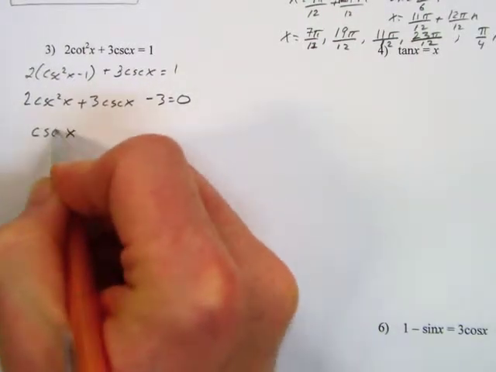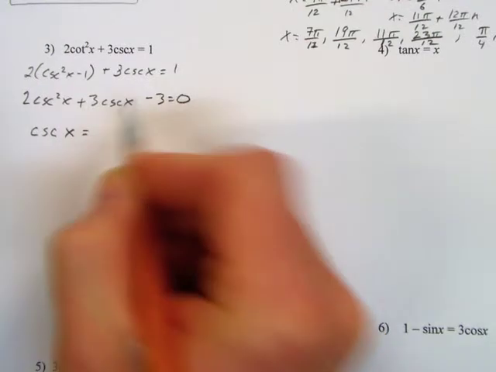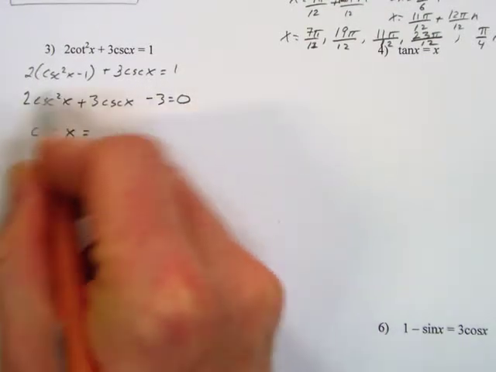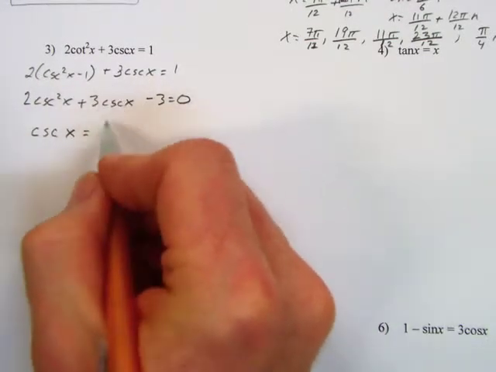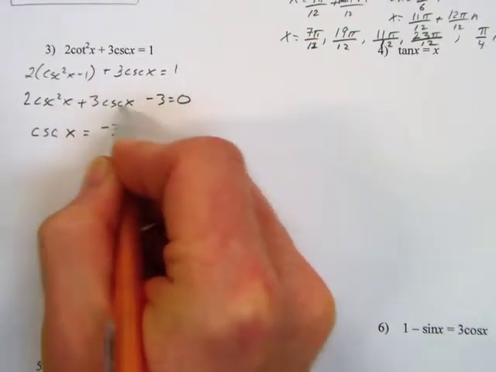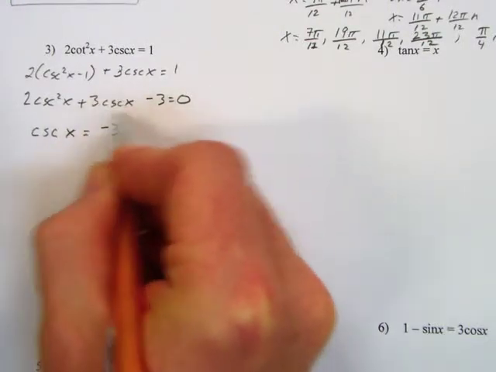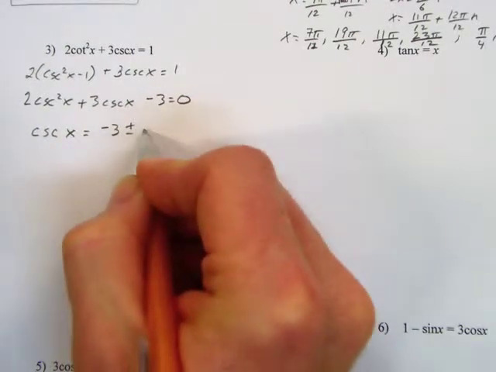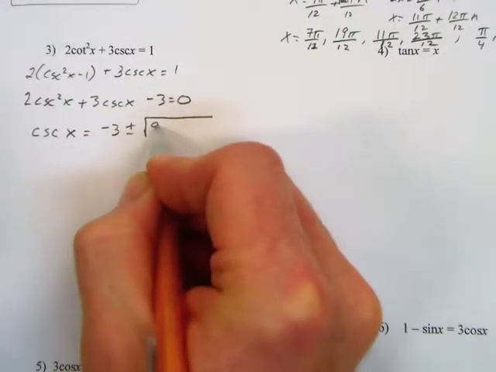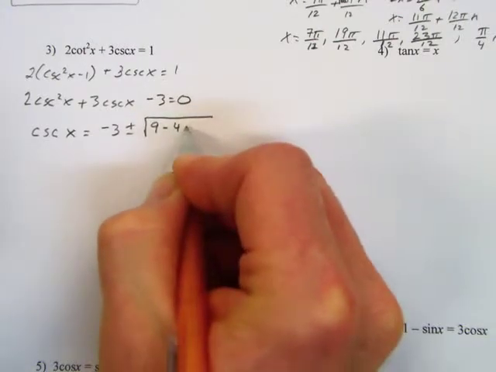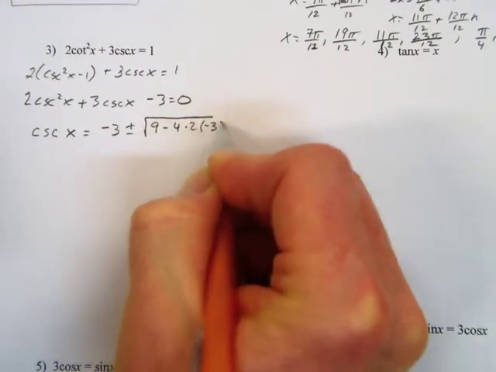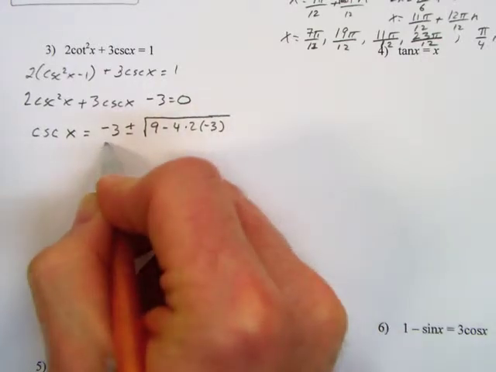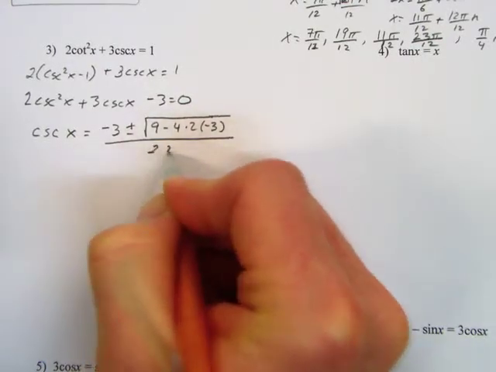All right, so we have cosecant x equals, that's the variable we're solving for. That's a function we're solving for in this case. Negative 3, that's a coefficient of our b, or our x term, our a in this case, plus or minus square root of 9 minus 4 times 2 times negative 3, put that negative 3 in parentheses, and divided by 2 times 2.